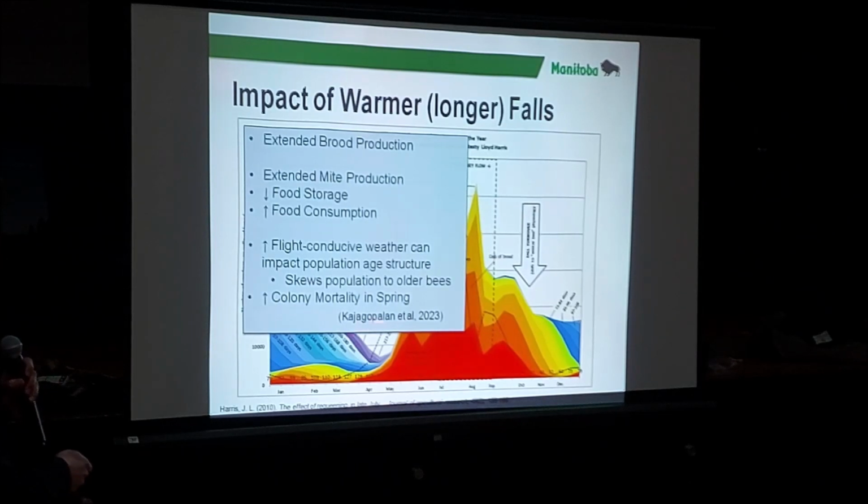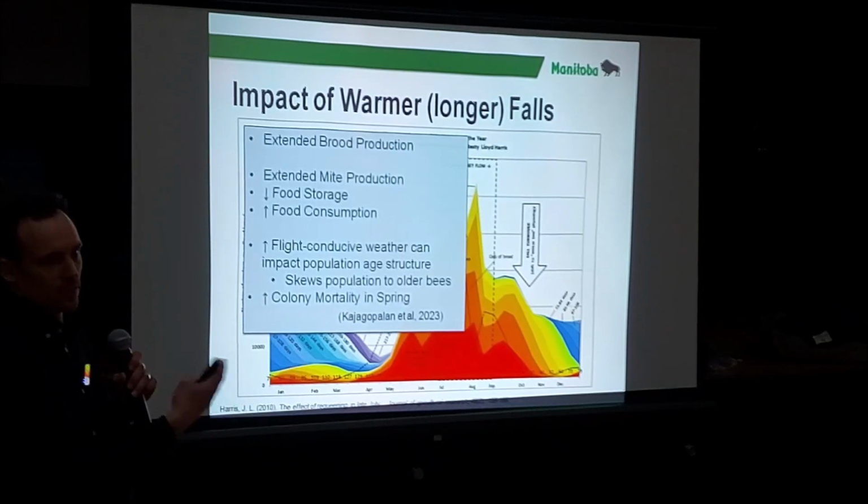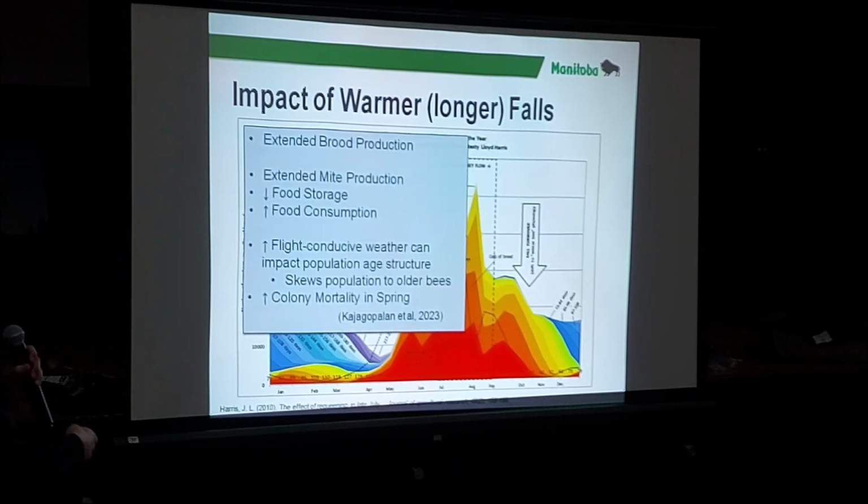I was just looking at this study last night from 2023, and there are a couple of pretty recent studies that have tried to model what these changing conditions will look like into the future. This study modeled this quite well, but not perfectly, obviously, since it's not based on actual data from looking into the hives.